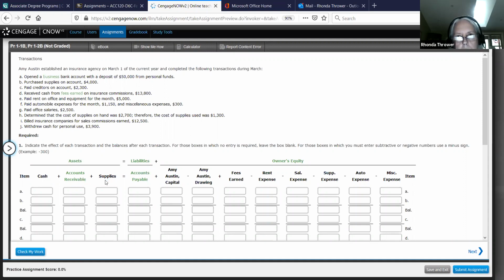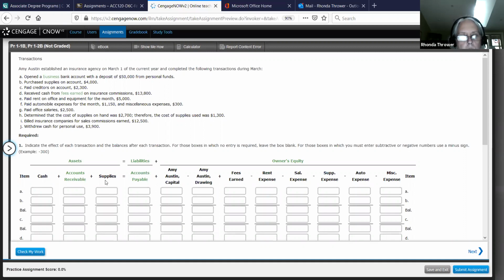So asset examples are cash and accounts receivable. You'll remember accounts receivable was the account that we use for recording revenue transactions where we haven't received the cash for those transactions yet. And so accounts receivable is considered to be an asset. All receivables are assets. All prepaid expenses are assets.